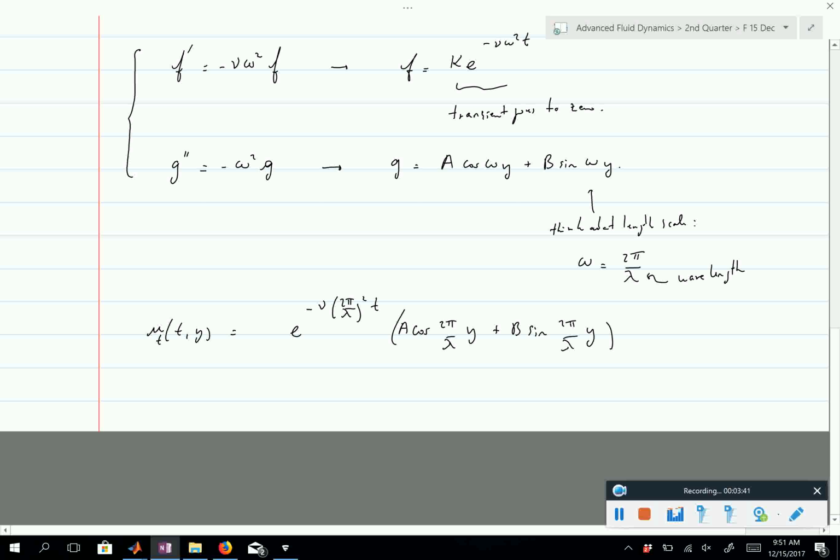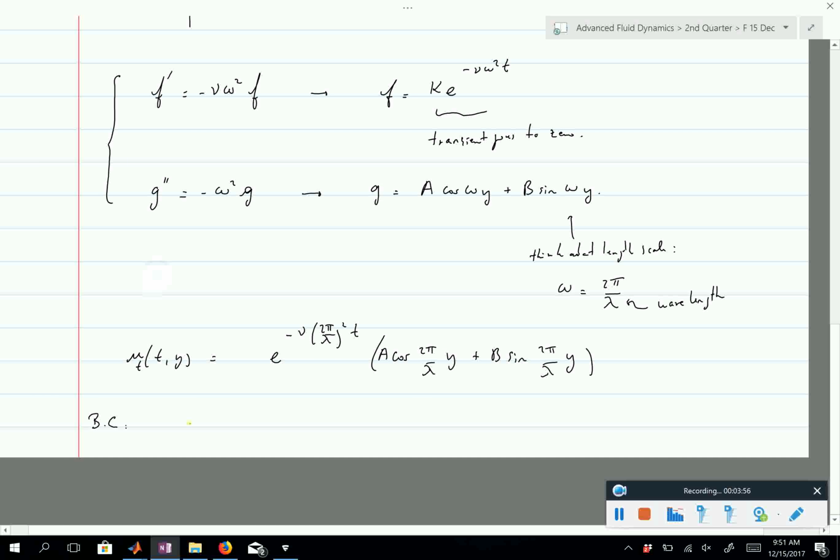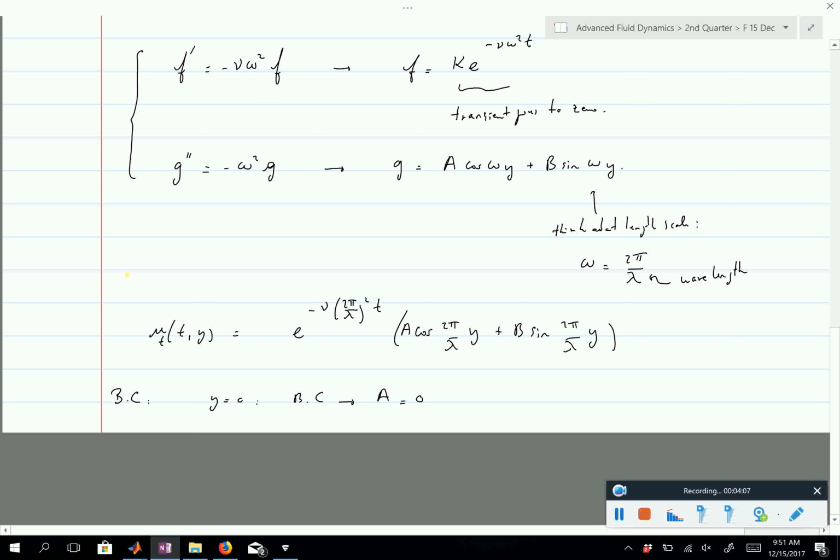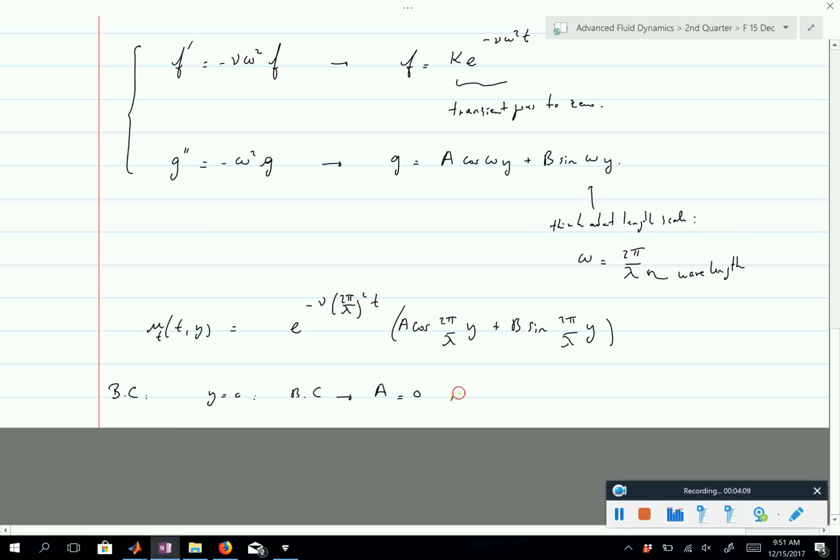And now we use our boundary conditions. The boundary condition is that the transient velocity is equal to 0 at both boundaries. I'm going to do this quickly. At y equals 0, the boundary condition leads to a equals 0, because the cosine is not equal to 0 at y equals 0. Then we have another boundary condition at y equals d.